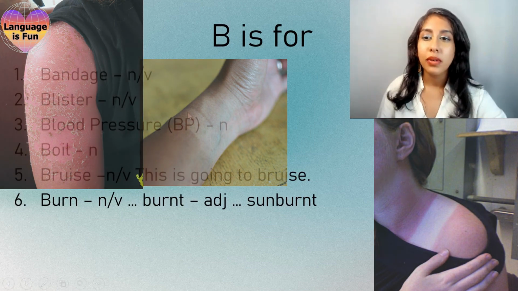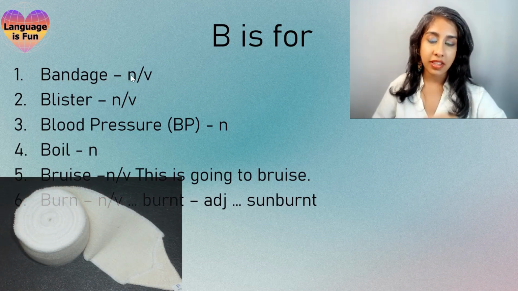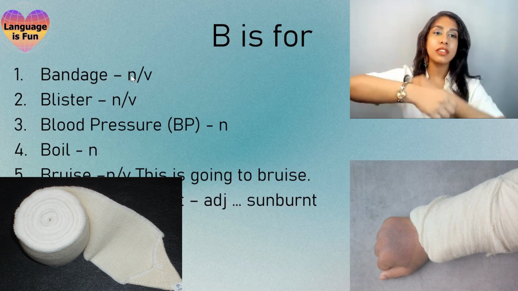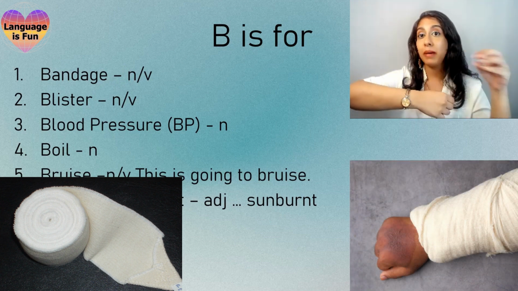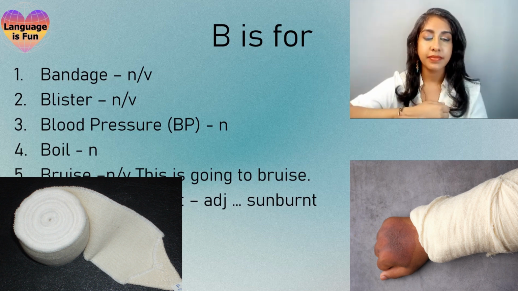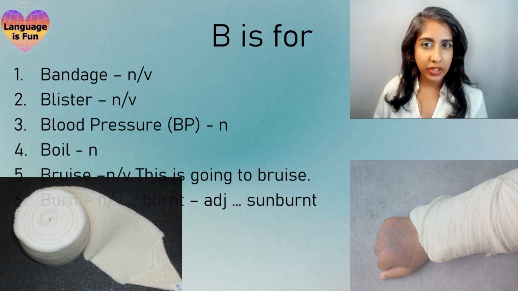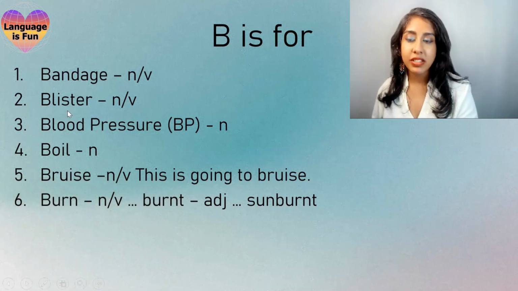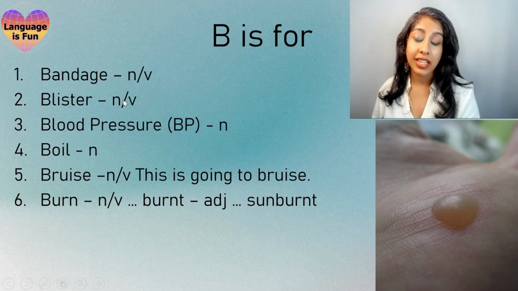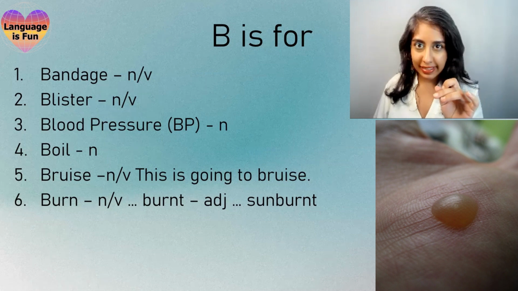Okay, so let's look at how to use these words as nouns and verbs. Right, bandage. Bandage is a noun, it's a thing. I wrapped a bandage around my arm. You can also say, oh, you have to bandage that, right? Although that's not very common. Next, we have blister. Blister is a noun and it's also a verb, right? My skin was blistering from the heat.